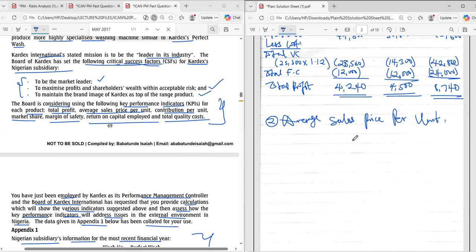Total sales divided by total units. Total revenue divided by units sold. Thank you. Correct. Anyhow you put the words, just pass the information.